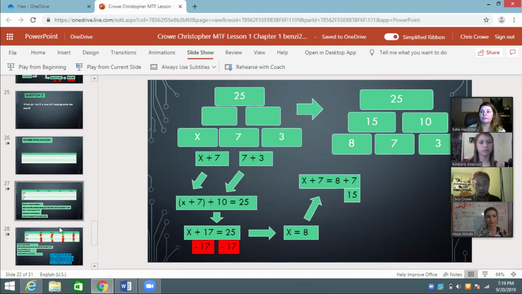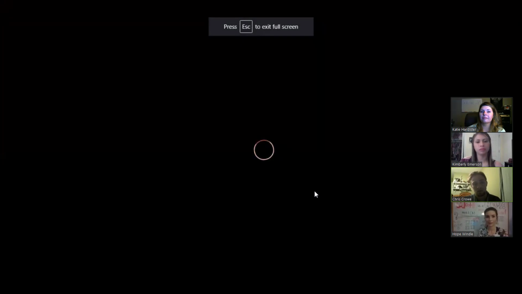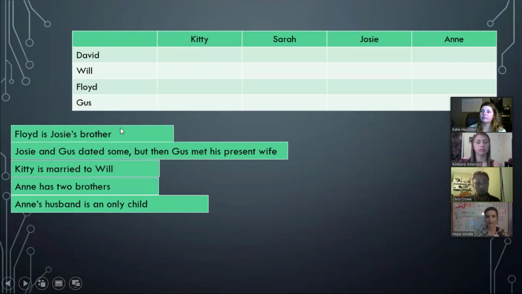So the way these clues work is that obviously they're clues, so they're supposed to help you understand how to complete these problems. As soon as my screen finishes loading, we can see here we have about 5 different clues. Most of them seem to be pretty helpful, indicating who is married to who, who isn't married, who dated but is not currently together. And then we have an odd clue, the second to last one. Anne has 2 brothers. Now, in the context of the graph here, is this what it is? An expense?